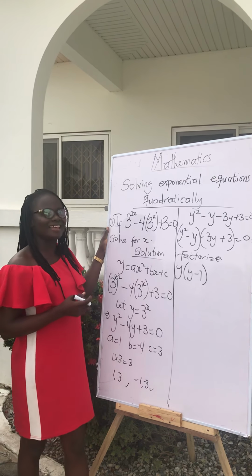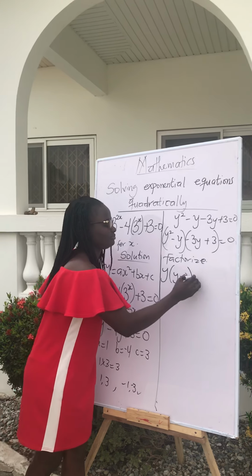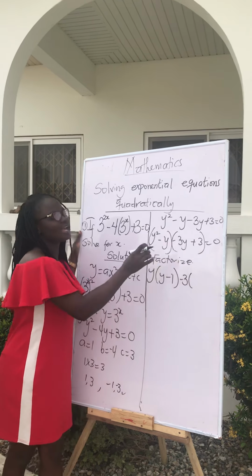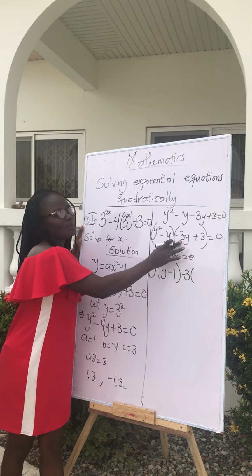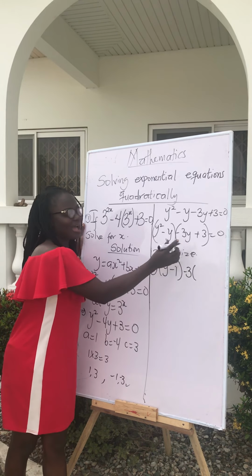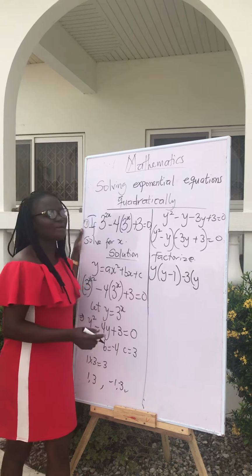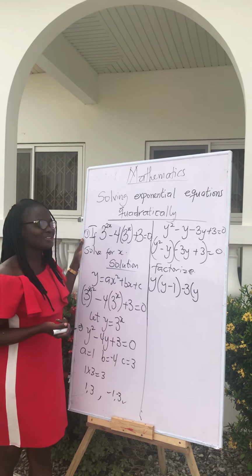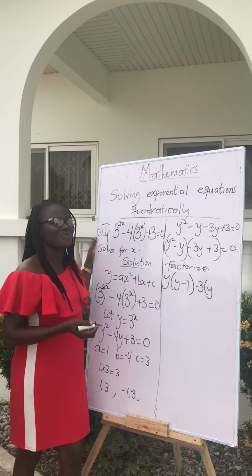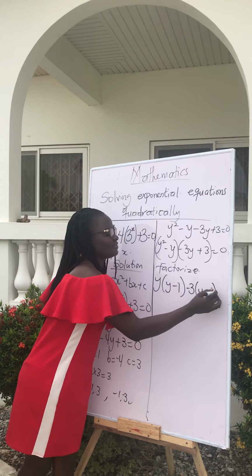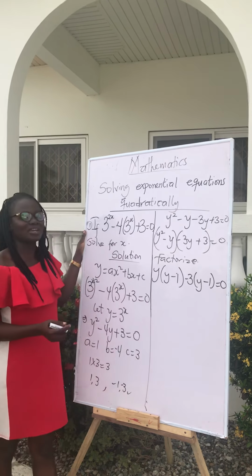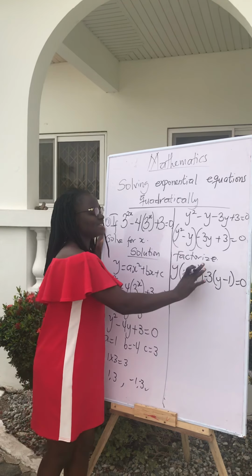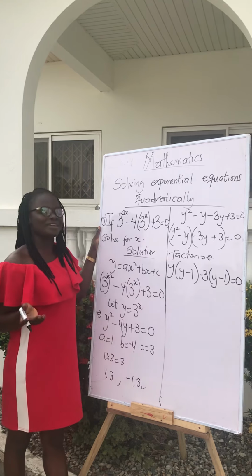That is negative 3. So when you factorize negative 3 out from here, what is left? That is y. And when you factorize negative 3 from positive 3, what is also left? Negative 1. And equate all to 0. Always ensure that the numbers inside the brackets are the same.